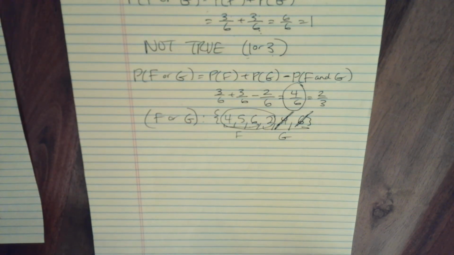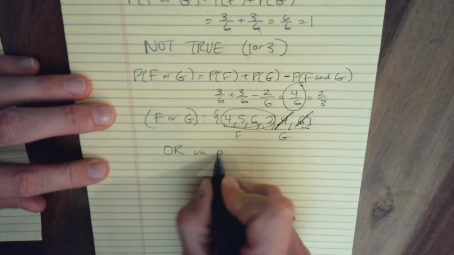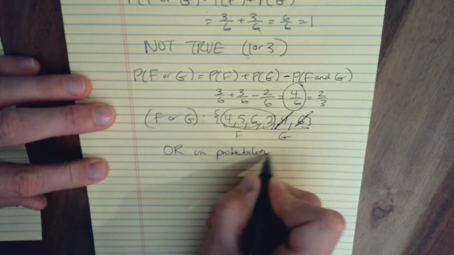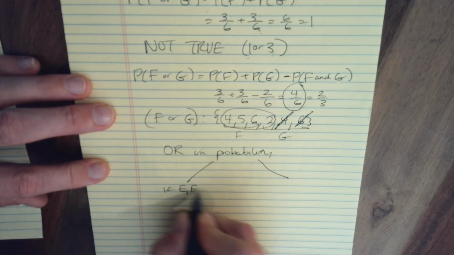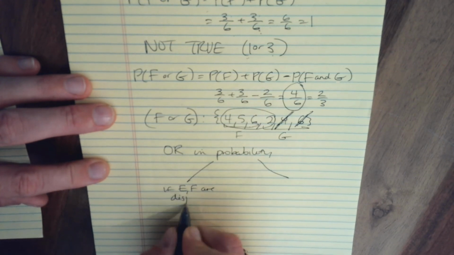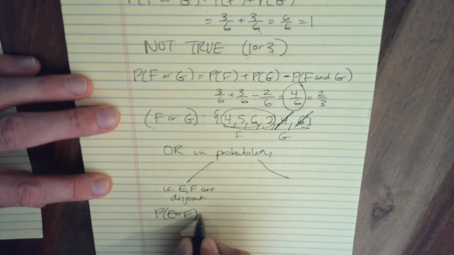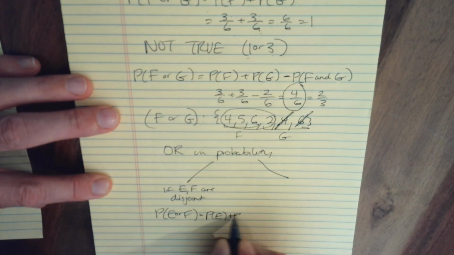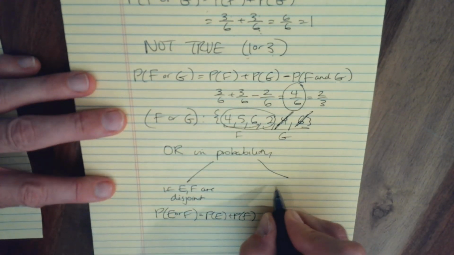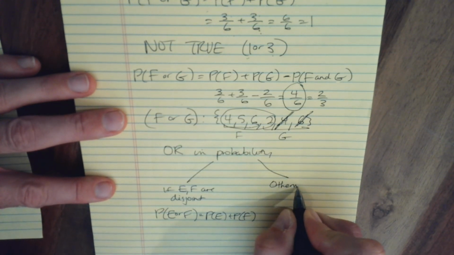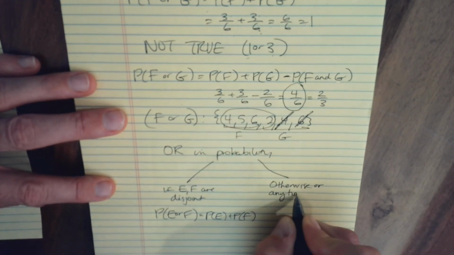So to sum up, when you want to answer an OR question in probability, you'll have 2 choices. If E and F are disjoint, then we can say the probability of E or F equals the probability of E plus the probability of F. And if they're not, or if we don't know, well, actually I could say otherwise or anytime, and I'll explain why in just a minute.